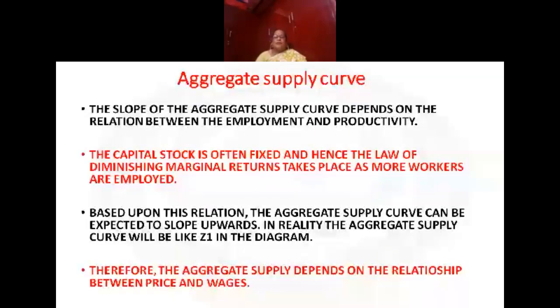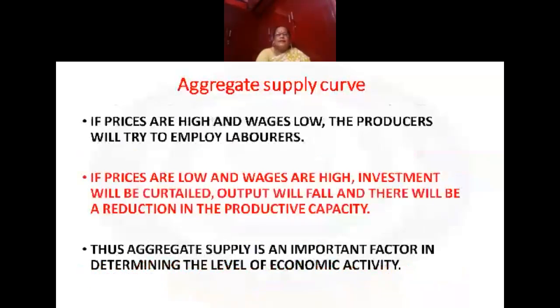Based upon this relation, the aggregate curve can be expected to slope downwards. In reality, the aggregate supply curve will be like Z1 in the diagram. Therefore, the aggregate supply depends on the relationship between price and wages.